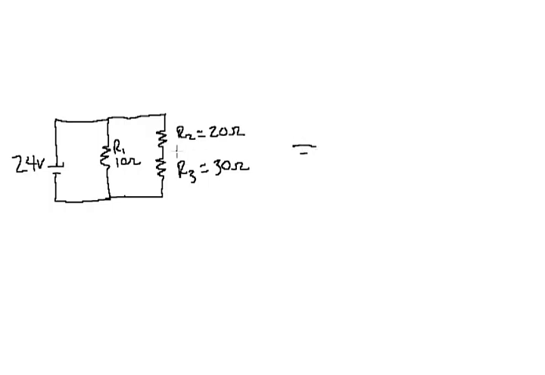First of all, we're going to take these two resistors and combine them into one. So we'll redraw that circuit so we can see that. R1 will stay the same at 10 ohms, and this resistor here is going to change.